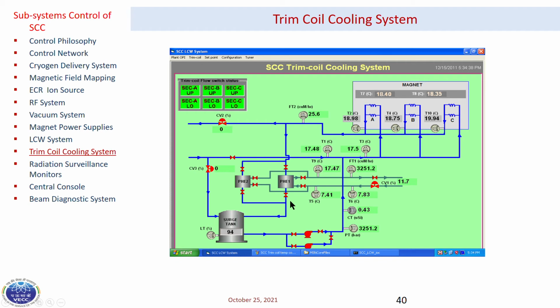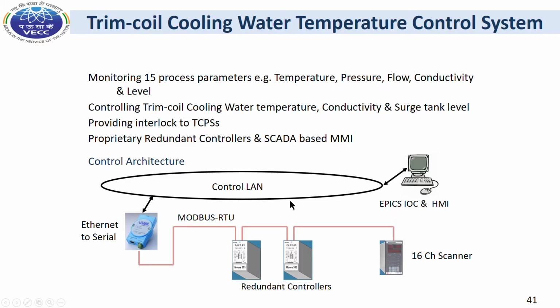Similarly, the trim coil cooling water temperature control system is monitoring several process parameters: temperature, pressure, flow, conductivity levels. The system controls the temperature of the coil cooling water, conductivity of the water, and the surge tank level.